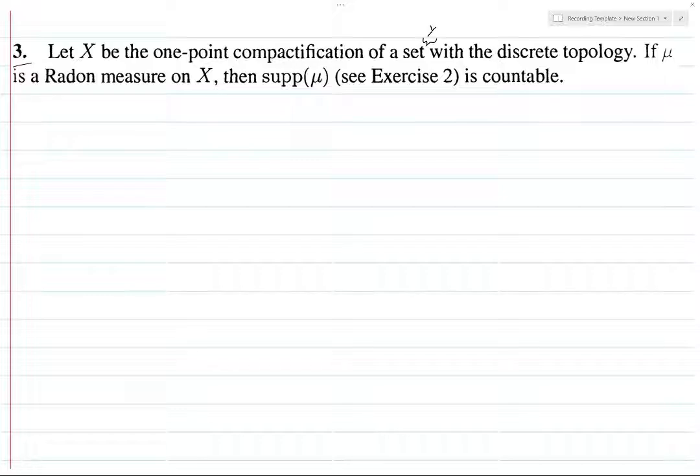So in this case, we've got Y, and Y has the discrete topology. So the 1-point compactification topology on X looks like you take the discrete topology and you add in open sets of the form infinity.